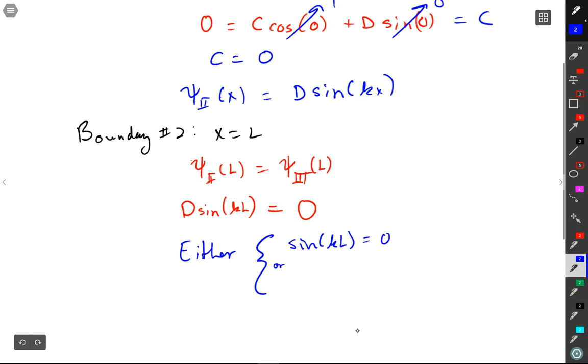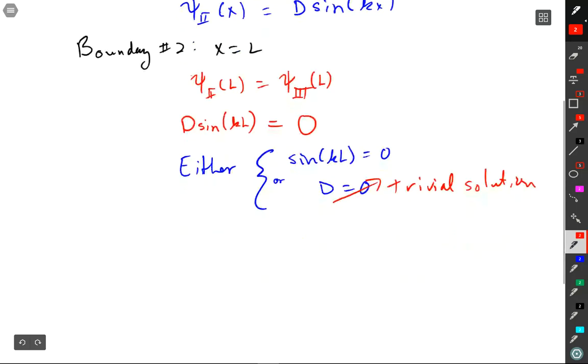Or the trivial solution, or d equals 0. But if d equals 0, we're back to psi equals 0, the trivial solution. So we, again, throw away the trivial solution. And now we have our quantum condition. Sine of KL equals 0. That means k can only have certain values.